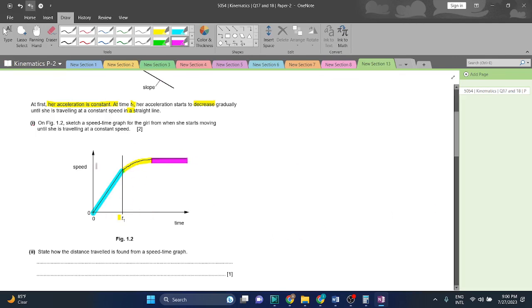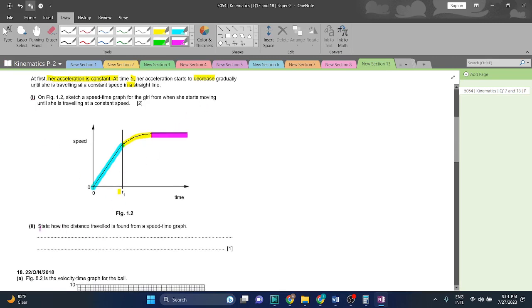This is gonna be the constant acceleration. This will be a decrease in acceleration. It is just increasing at a decreasing rate. और उसके बाद this is a speed, constant speed. मतलब the speed is no longer changing.